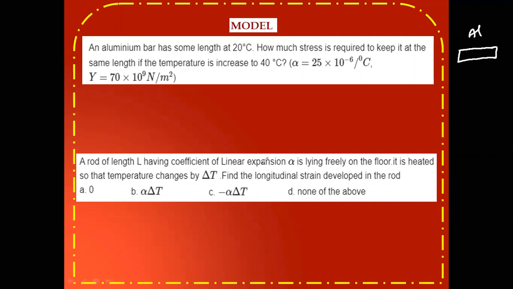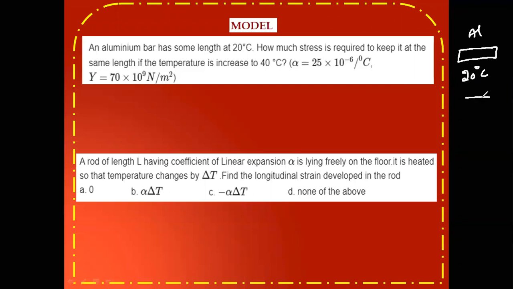Initially it is at a temperature of 20 degrees Celsius. Even though the temperature increases, the length remains the same.